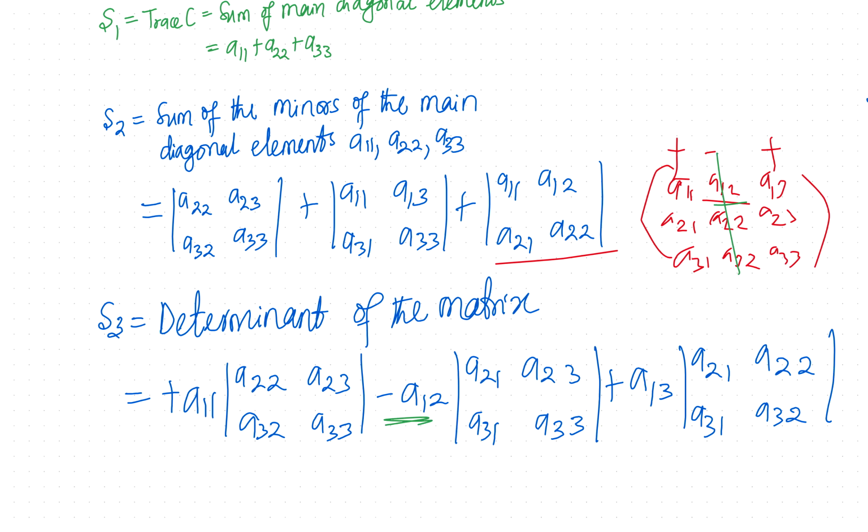And lastly, you have plus A13, cross the column, cross the row, so you have A21, A22, A31, A32 right here. Okay, so that's the way to find S1, S2, and S3. So in addition to the 2 by 2 matrix, now you have the minus coming into play in the case of a 3 by 3 matrix.